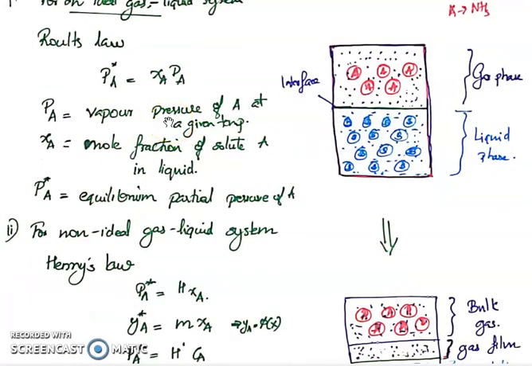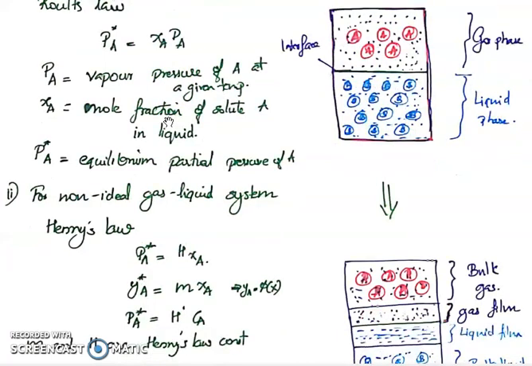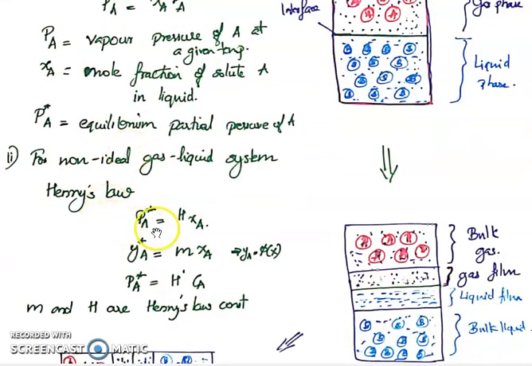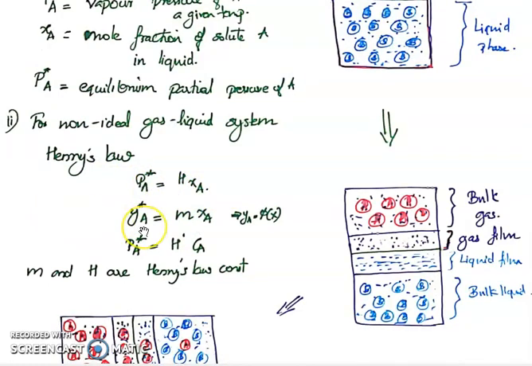For non-ideal gas liquid system, we can use Henry's law, which relates the partial pressure of A in the gas phase and the mole fraction of A in the liquid phase. That is, PA star is equal to H into Xi, where H is Henry's law constant. This can also be used to relate mole fraction of A in gas phase and liquid phase, because the partial pressure of A is directly proportional to the number of molecules of A present in the gas phase.